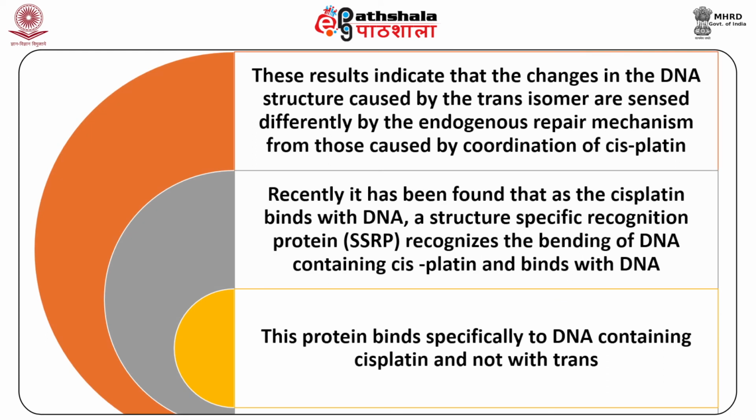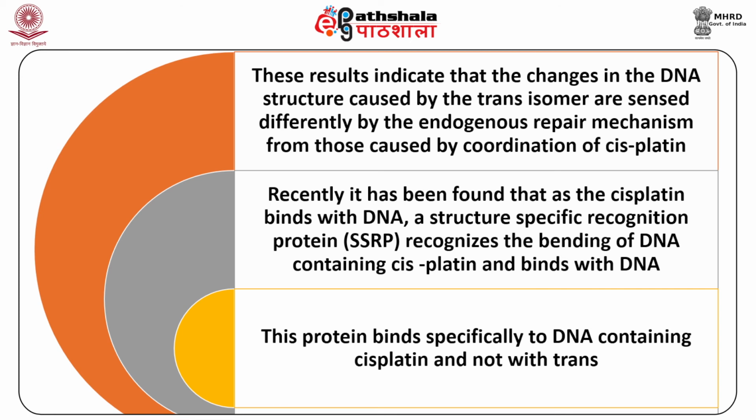These results indicate that the changes in the DNA structure caused by the trans isomer are sensed differently by the endogenous repair mechanism from those caused by coordination of cisplatin. Recently, it has been found that as the cisplatin binds with DNA, a structure-specific recognition protein recognizes the bending of DNA containing cisplatin and binds with the DNA.